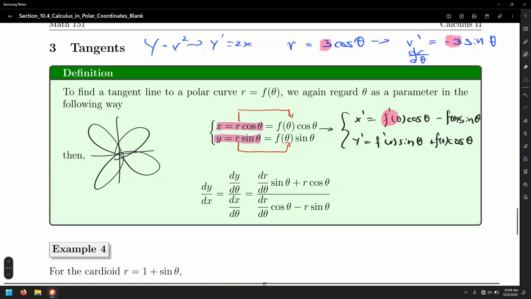This f prime of theta is really the same as saying dr d theta. And the derivative of the x equation is really dr d theta cosine, the same as f prime cosine minus r sine, where f of theta is the r function. So as you can tell, it's not that simple.